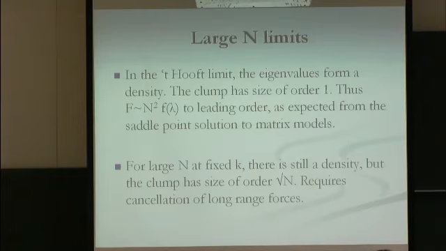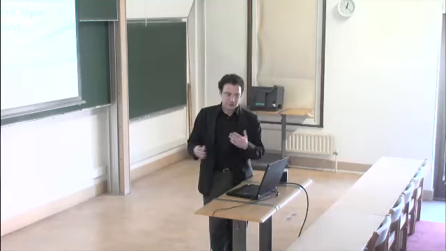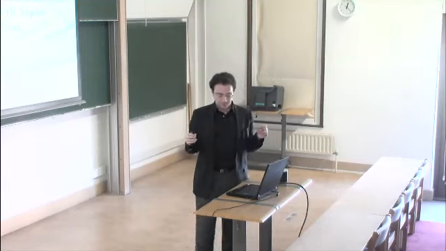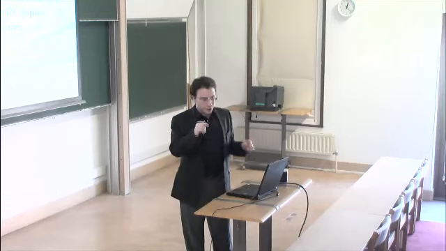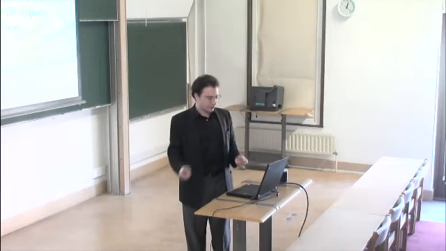So you still form a density, say in these Sasaki-Einstein cases, but the clump has size of order square root N, and that means that the long-range forces have to cancel. If you look at the forces on the eigenvalues, different terms come with different powers of N, and so they have to cancel separately.